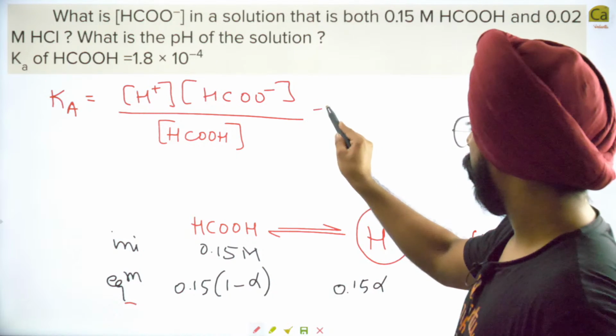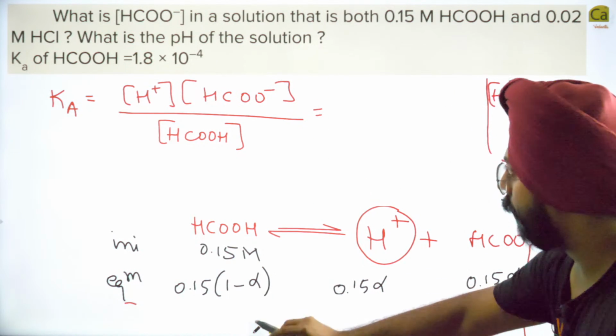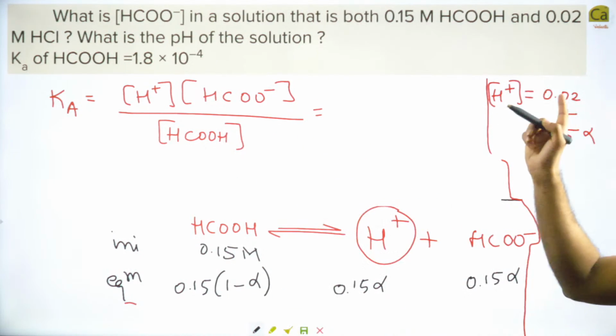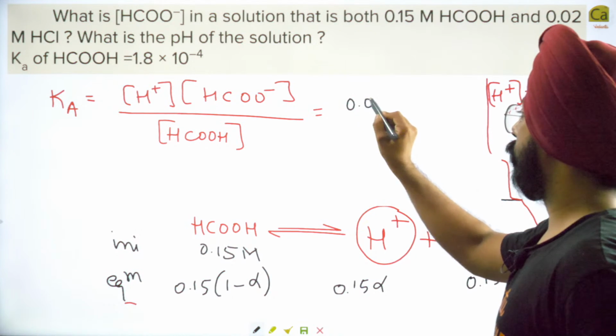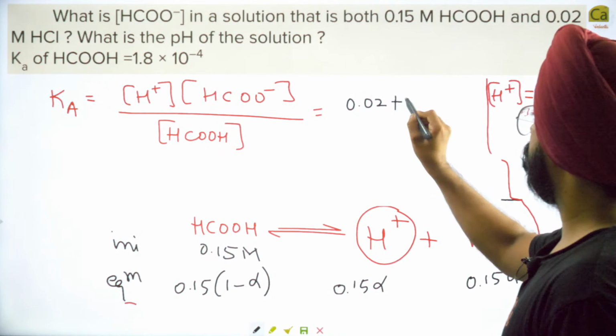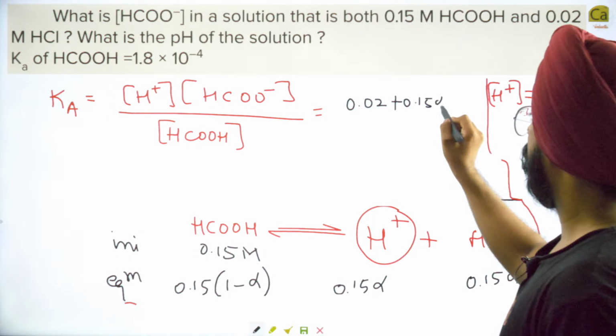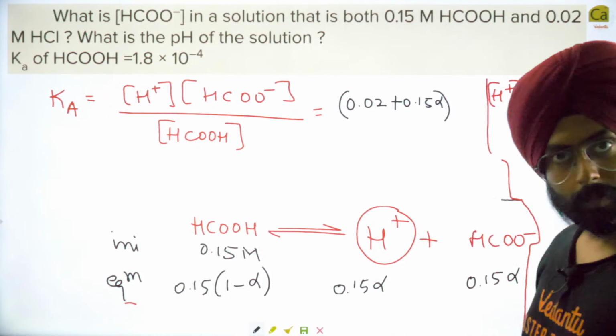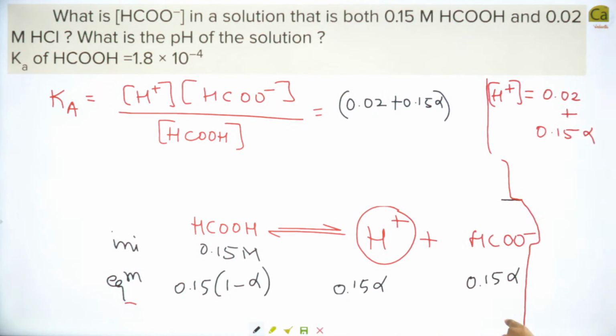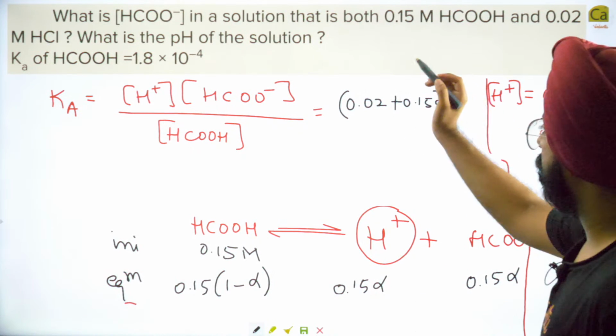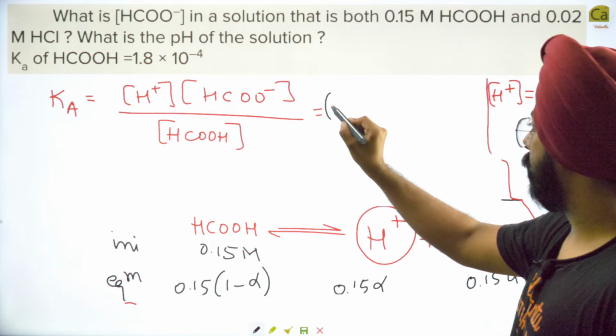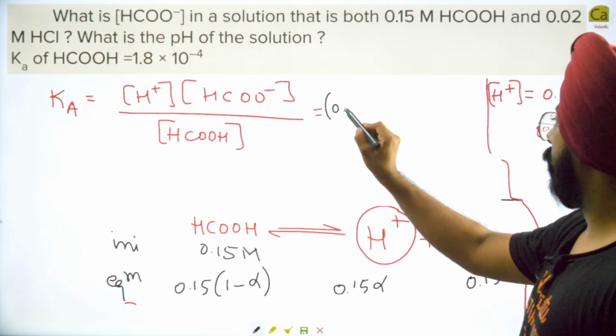Alright. So over here, what we will do is, we will write H positive concentration. Total concentration is 0.02 plus 0.15 alpha, into HCOO negative's concentration, that is just 0.15 times alpha. So I will write it directly here, a little carefully, with a smaller handwriting.